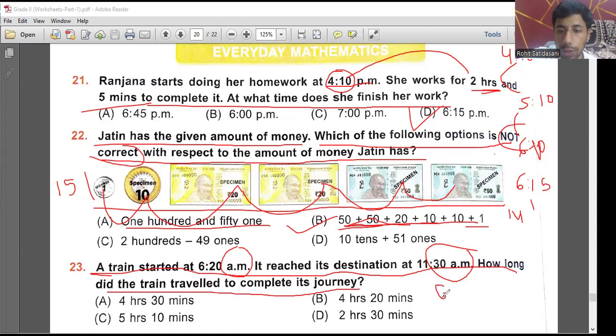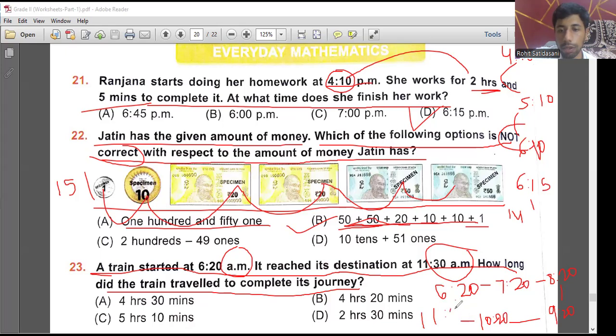Starting from 6:20 a.m., 6:20 to 7:20 is 1 hour journey, right? Then 7:20 to 8:20, 2 hours. 8:20 to 9:20, 3 hours. 9:20 to 10:20, 4 hours. 10:20 to 11:20, 5 hours.